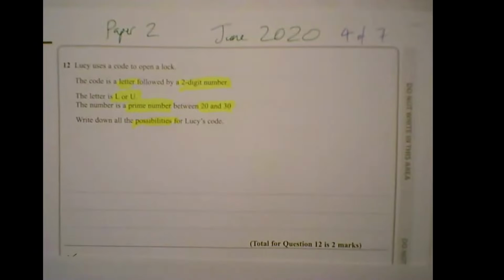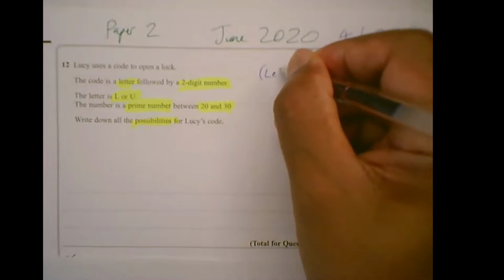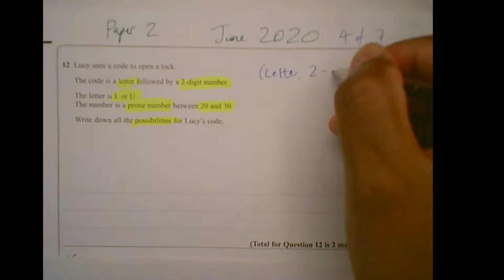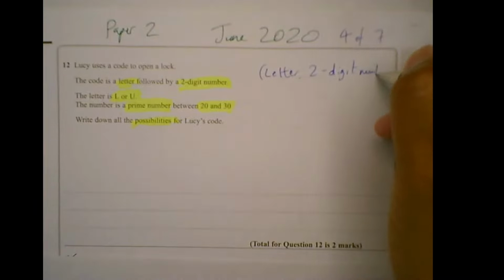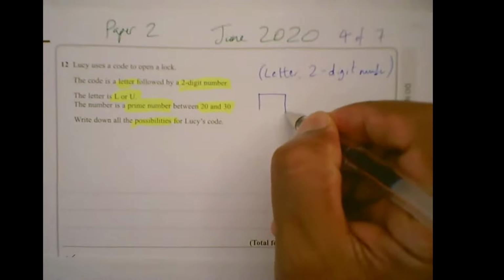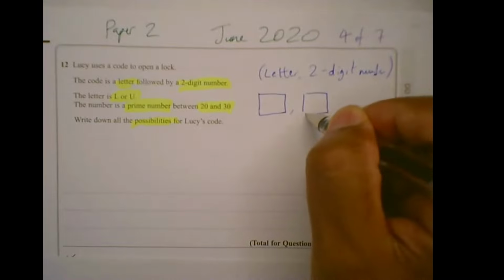So we have got a letter and a 2-digit number. In this case, I'm going to use boxes just to think about how this works.